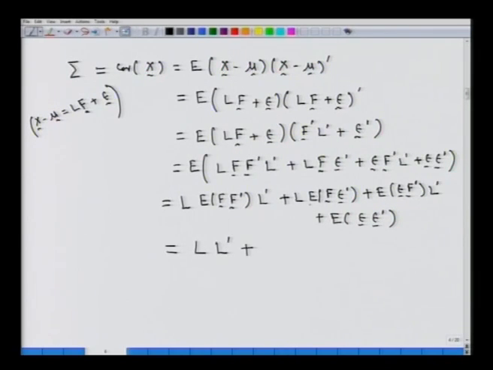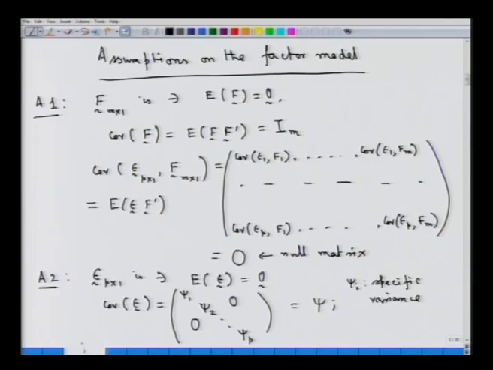What happens to the second term? This is the expectation of F epsilon transpose. This is just the covariance matrix of F with epsilon, that is the definition. The covariance between epsilon and F is written in this form, and the other is its transpose.